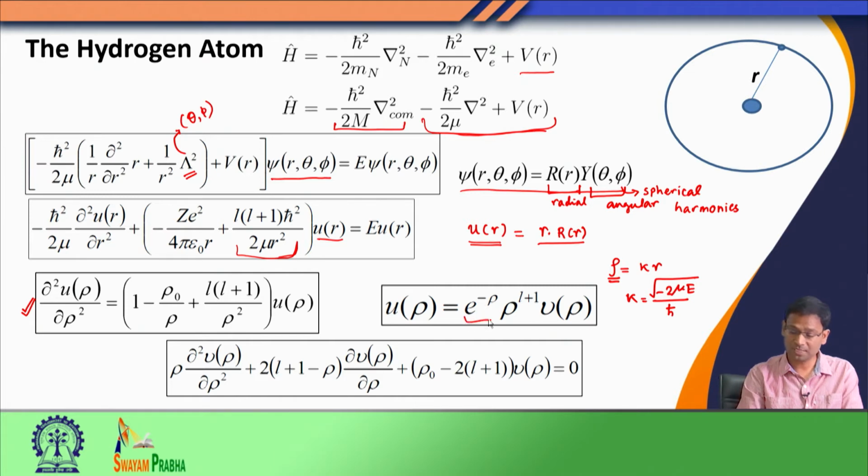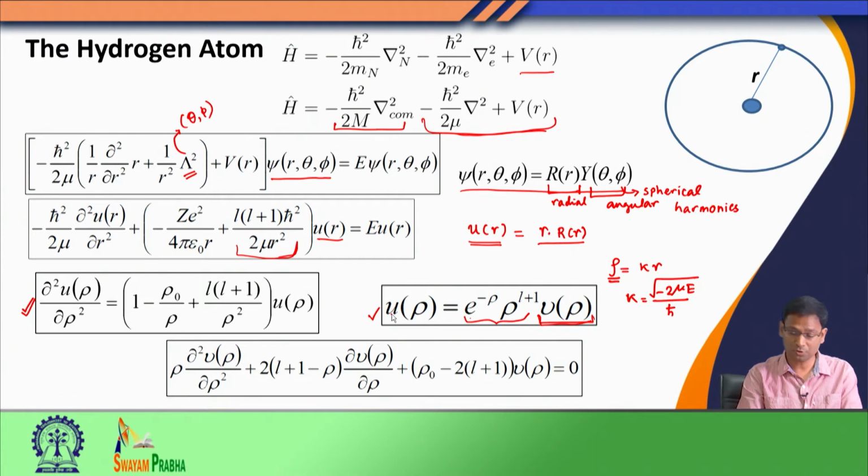From these two asymptotic solutions, if you remember, we obtained these two functions, e to the power minus rho and rho to the power L plus 1, and then we introduced, let the main body of the solution be given by this v of rho, another function. So, we have two asymptotic solutions and the main body solution of the problem. These two quantities are known, but we still do not know this v of rho.